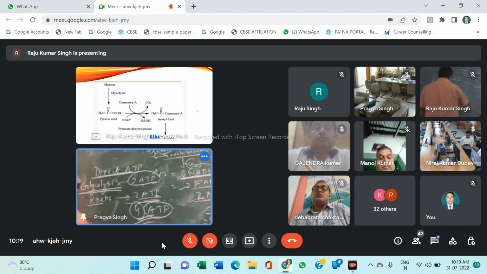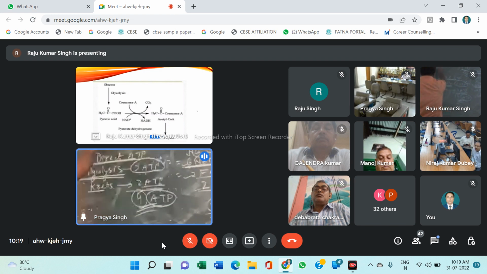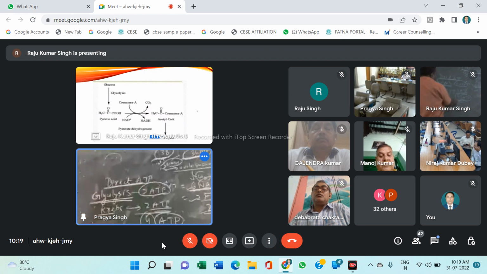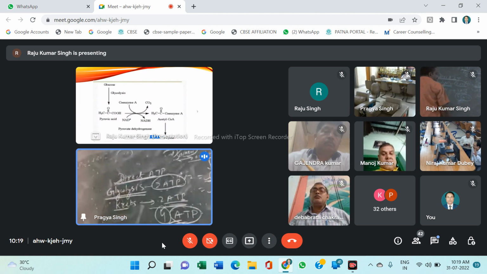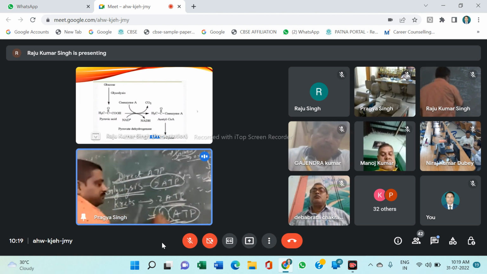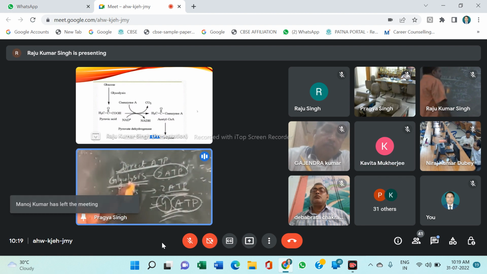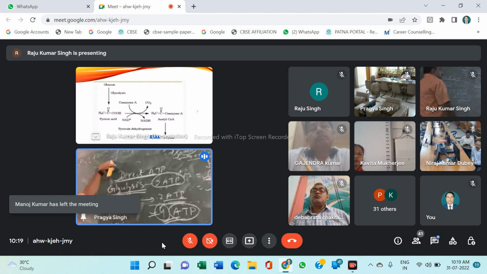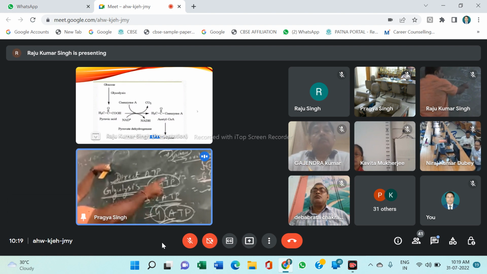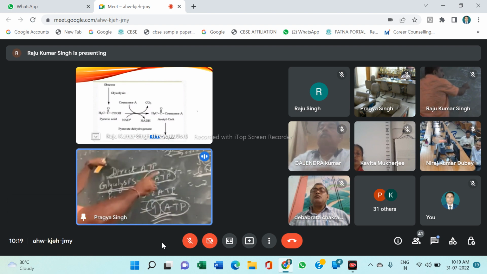Means for glucose, direct ATP synthesis through substrate level phosphorylation is only 4. The hidden potential of the glucose in terms of energy, we are not able to harness if it is not through the electron transport system.